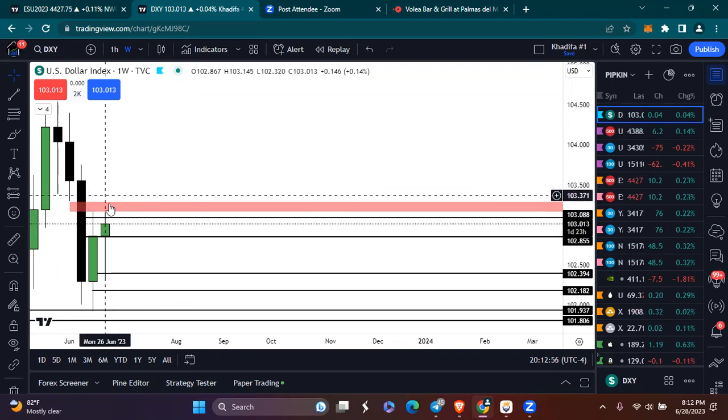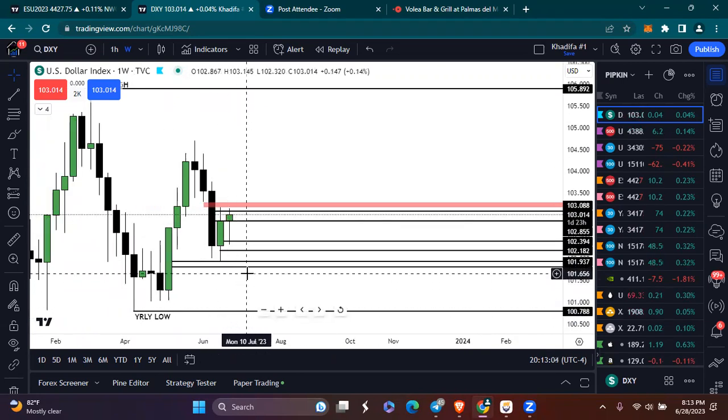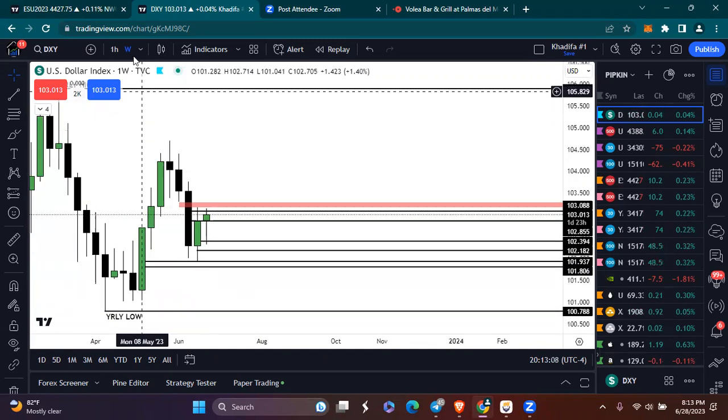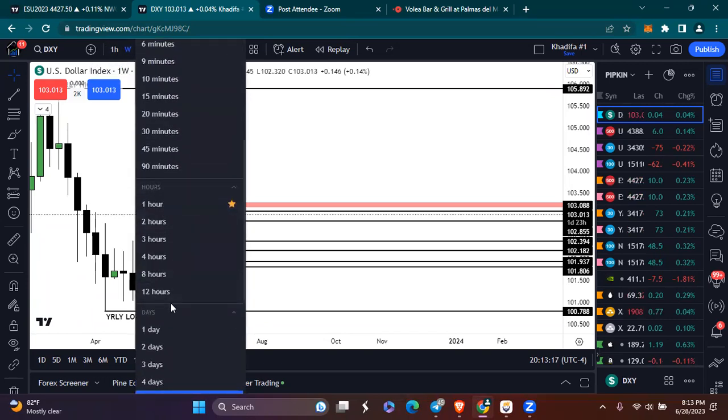So I would like to see us reach up through this weekly fair value gap and then close below it to continue to push to the downside. So that's what I'm looking at going forward for the rest of the week, right? We break it back down to the daily.